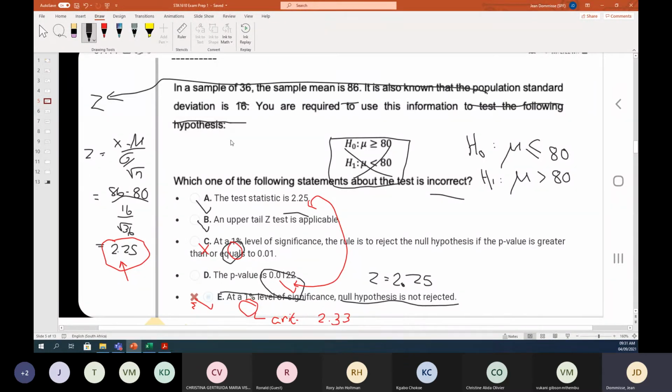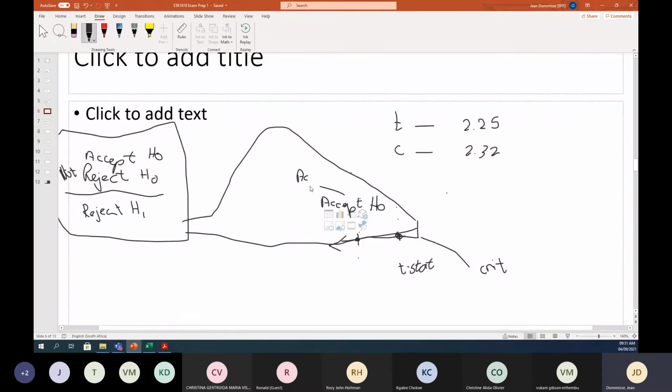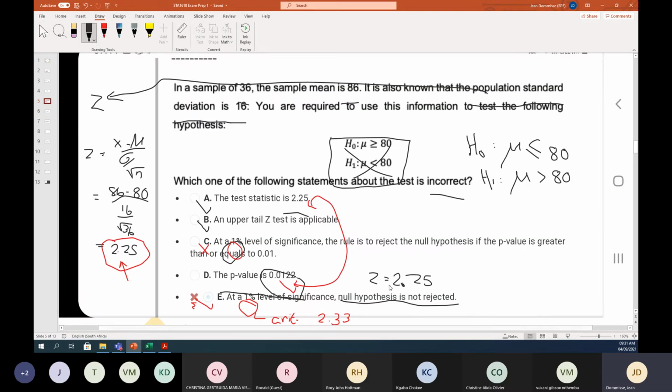It's just important how we look at which ones we accept, reject and not reject. So there is a lot of play in the words, and you will see it with a lot of the hypothesis testing, the rejection and acceptance.